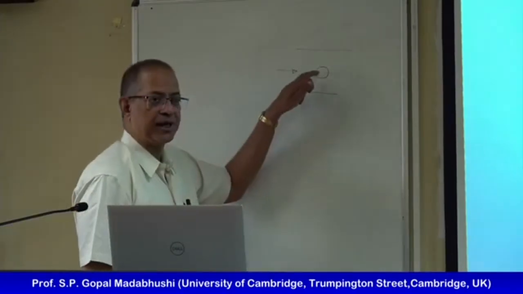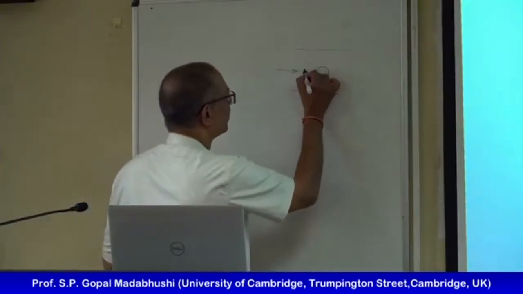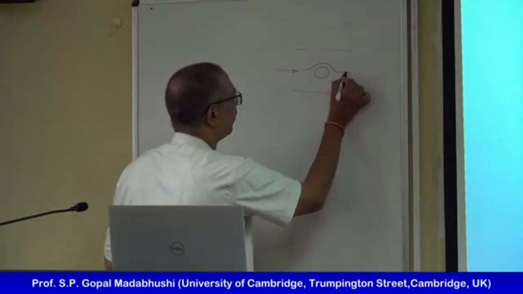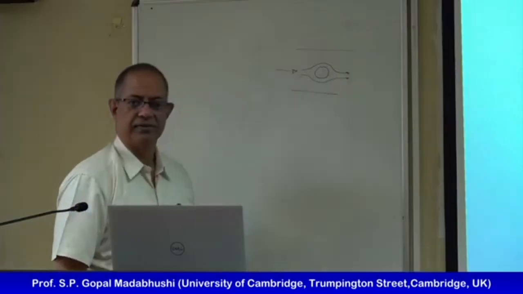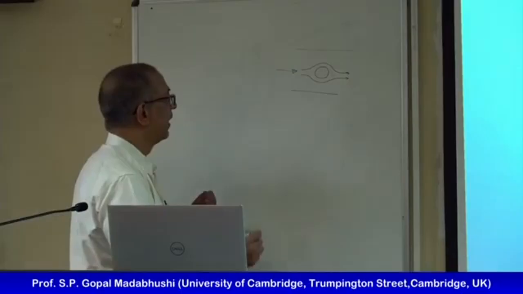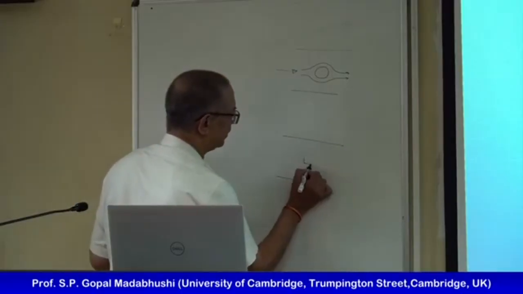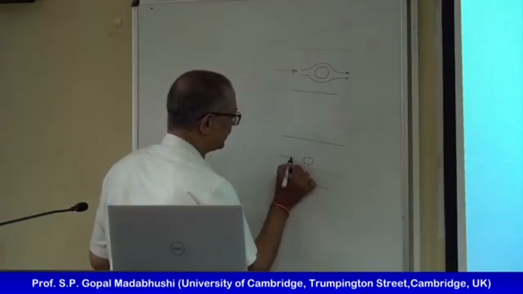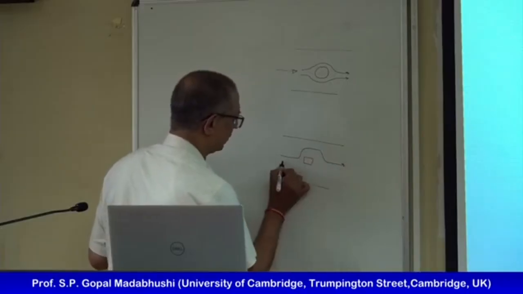Say that is the plan view, that is my circular pile. What we observed was, say the flow of soil is like that. And for a square pile, what we saw was it was going a lot more like that.